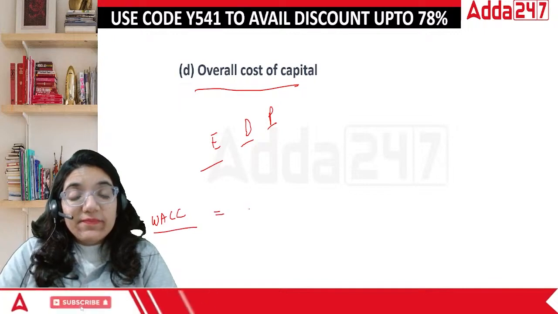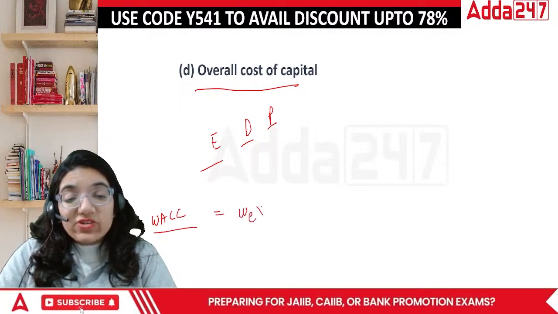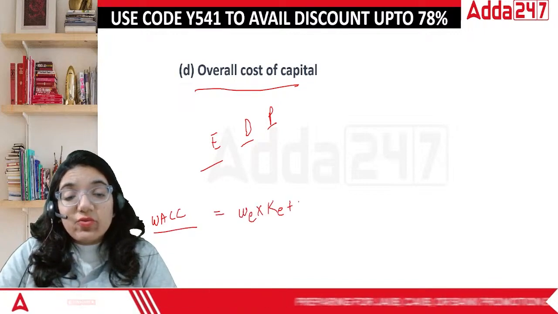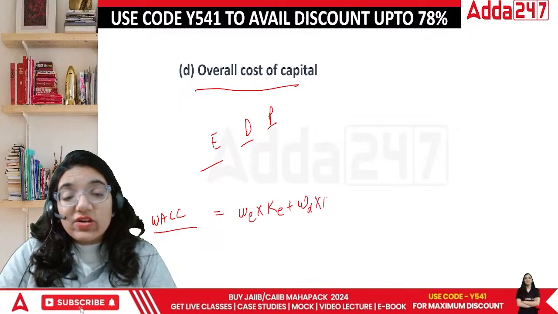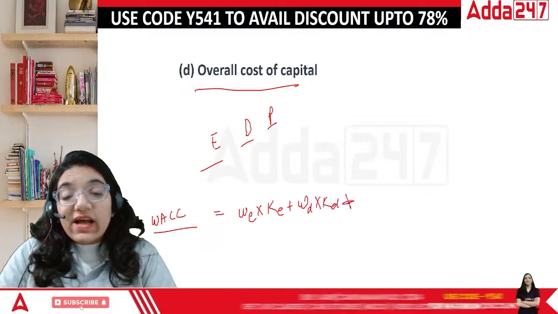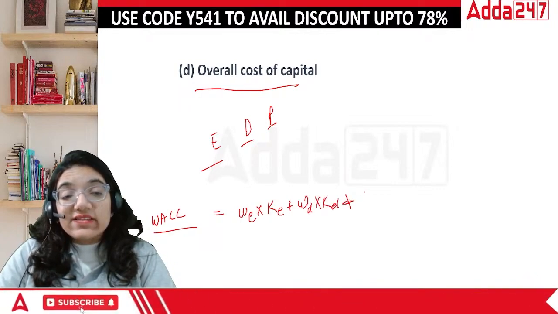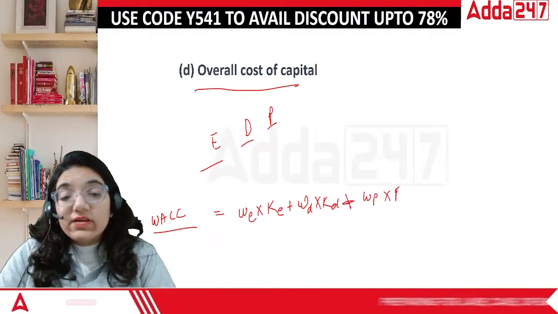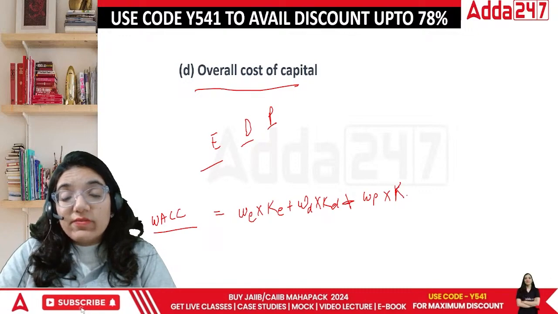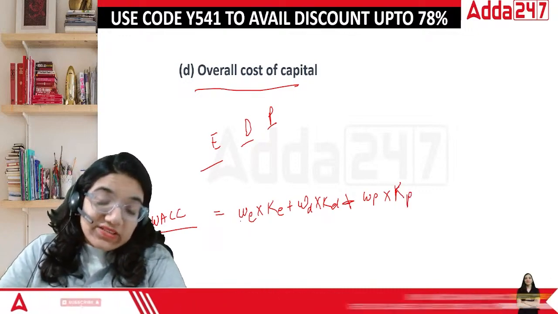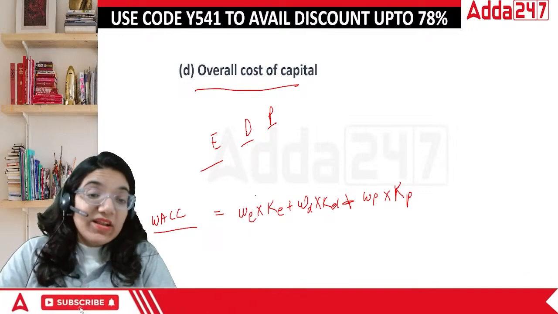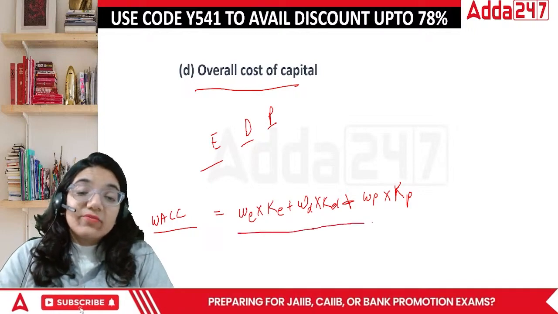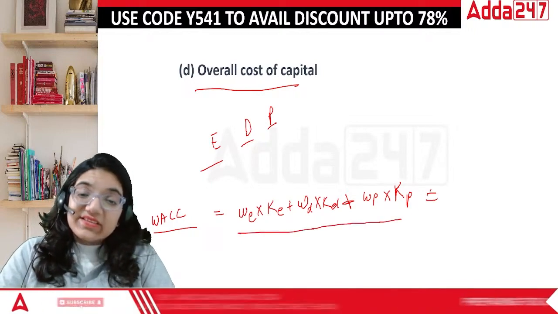In WACC, you take the weight of equity into the cost of equity. You take the weight of debt into the cost of debt. Then last one is when you have to add the weight of preference share into the cost of preference share. So this is based upon the weighted average cost of capital of the entire process. This is what is considered, everyone.